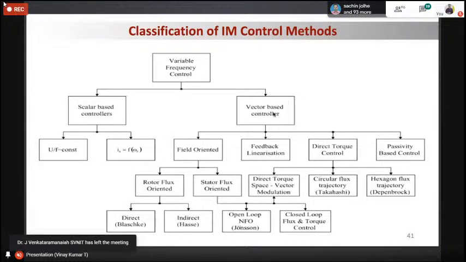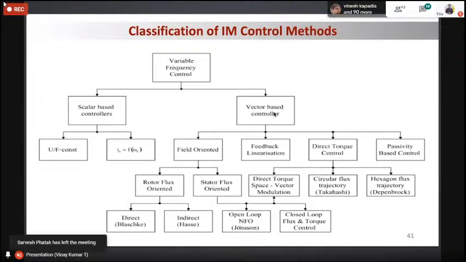But in case of vector control, we can control the amplitudes, and at the same time we can control the position of the currents and voltages. These are the advantages. If you are able to control the magnitude and position, we can improve the dynamic response of the system. That is the main advantage of vector control.